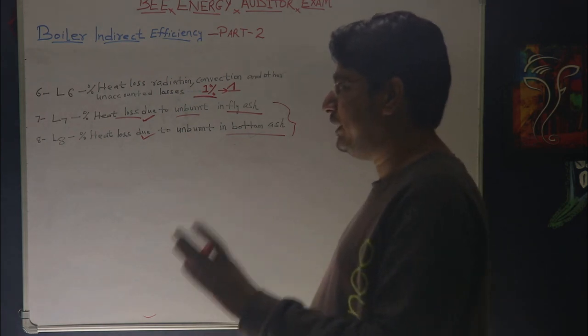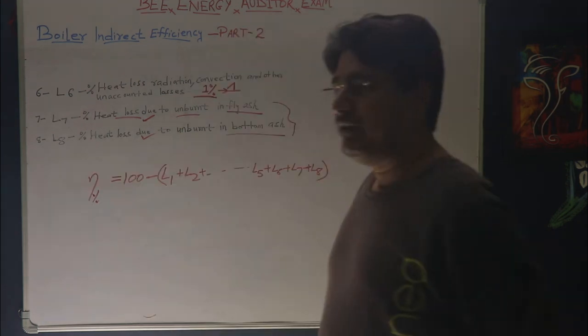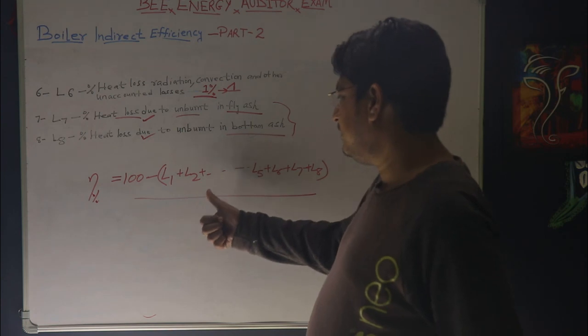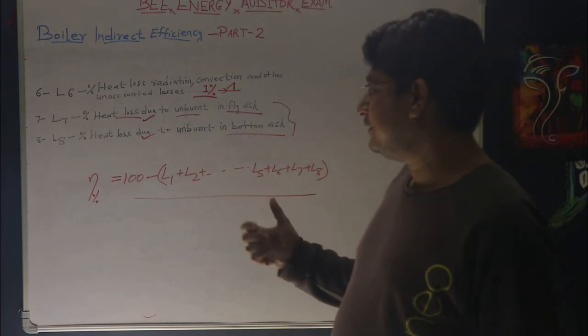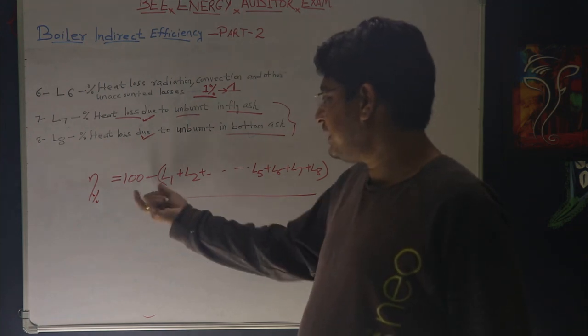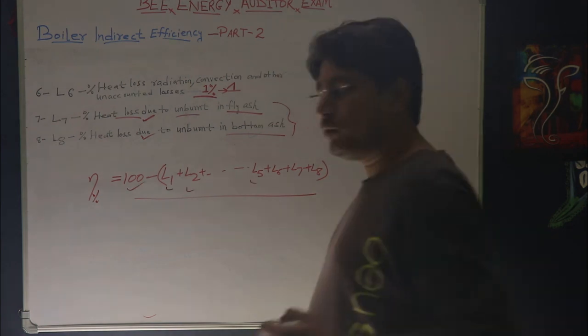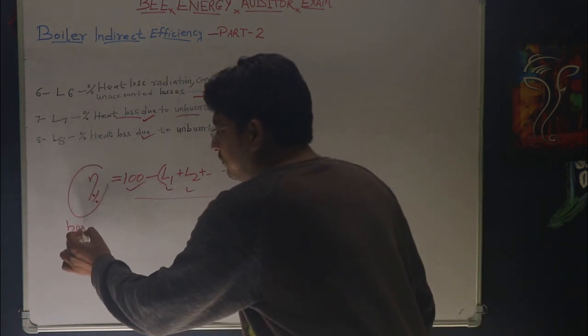Now once you have calculated the losses, you can calculate the efficiency of the boiler very easily using the formula 100 minus (L1 plus L2 plus L3 plus L4 and so on up to L8). That simply means that you are subtracting each of the losses you have calculated from 100 so as to arrive at the value of the efficiency of the boiler.